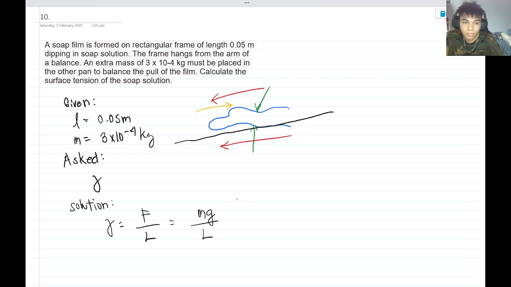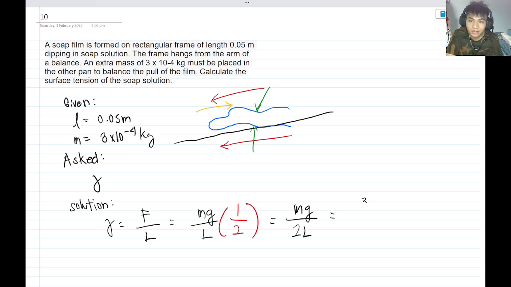So, dito, it has two free faces. So, it will be twice the length. If you look it up, parang ganun din yung magiging sagot niya. And we have to multiply now this by 1/2 para maging twice yung length. So, we will use mg over 2L as our formula.